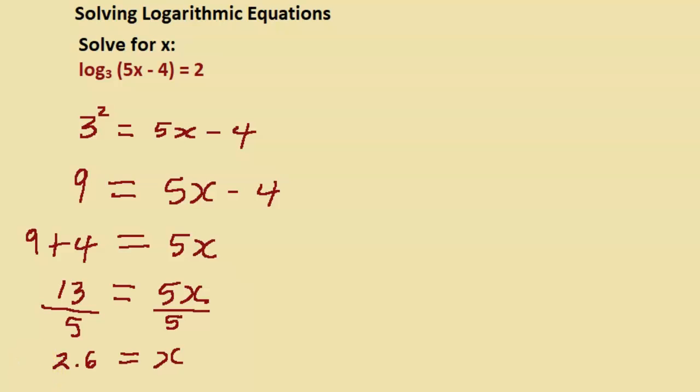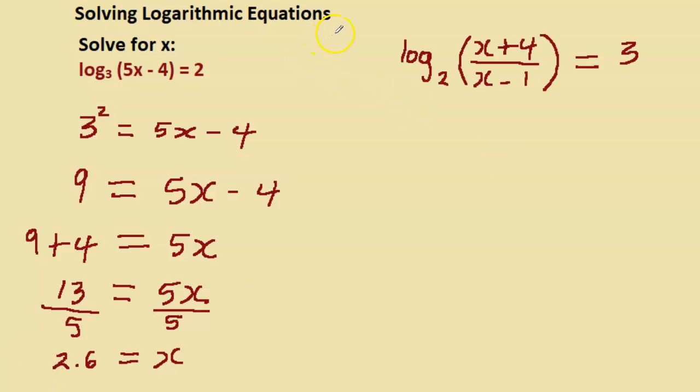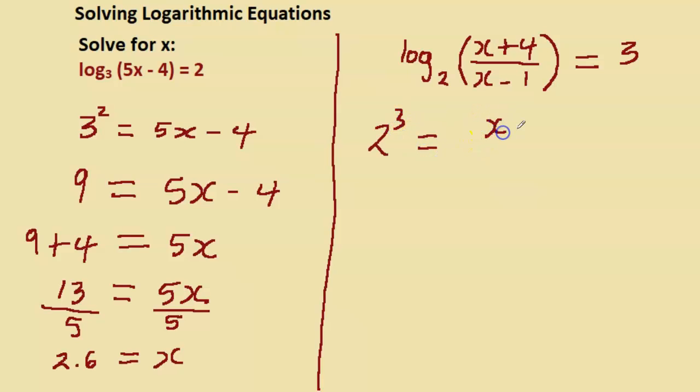Let's do another quick one. So we have another one here. Alright. So very definition of logarithms. So the base here to this power, so 2 to the power of 3, is equal to what we have in the bracket, x plus 4 over x minus 1.